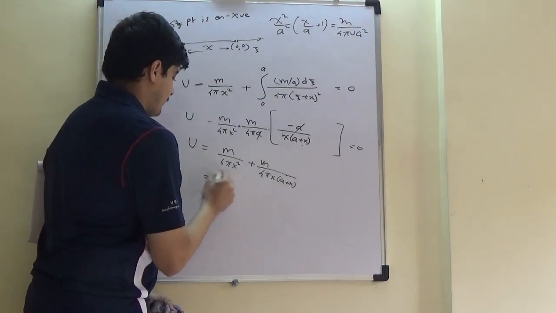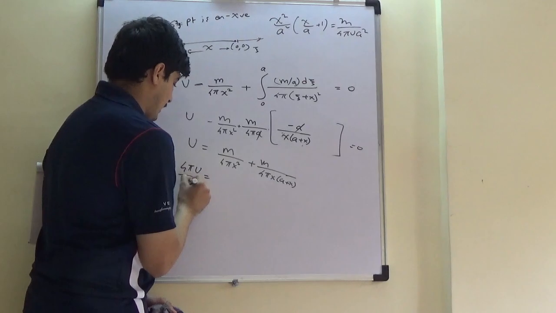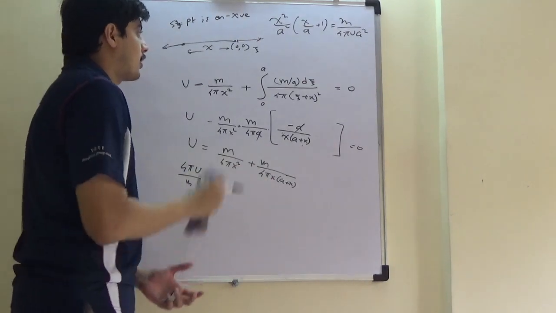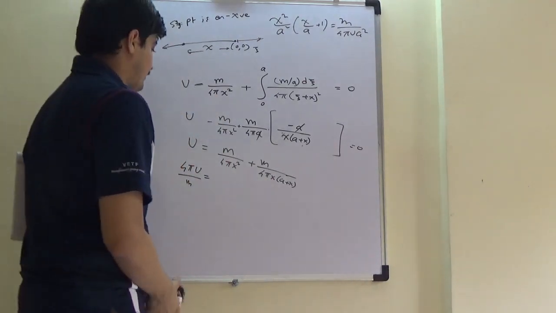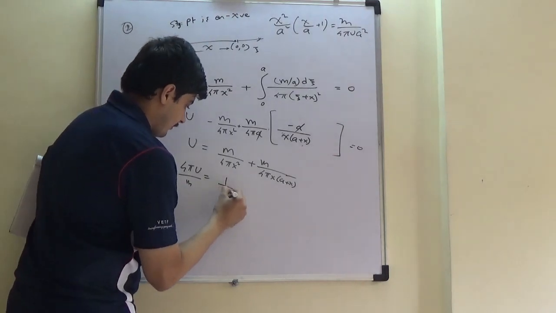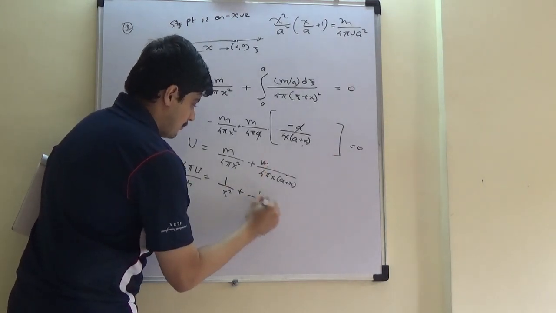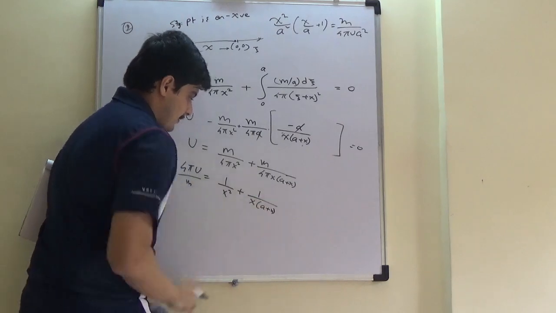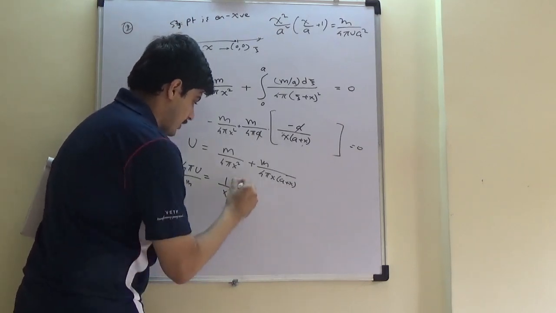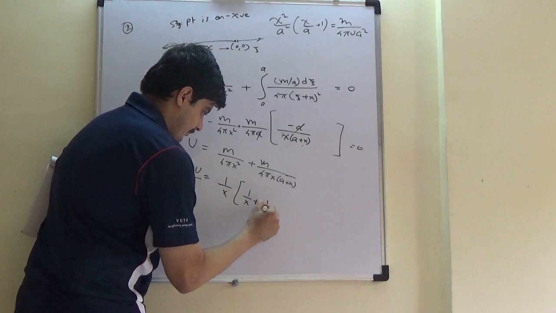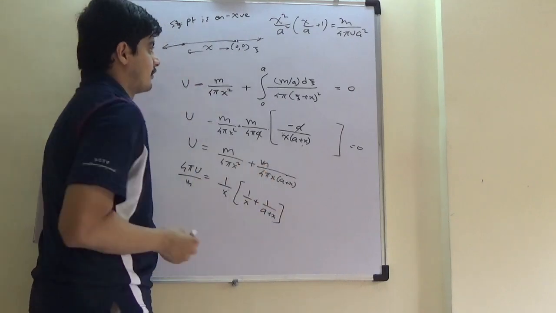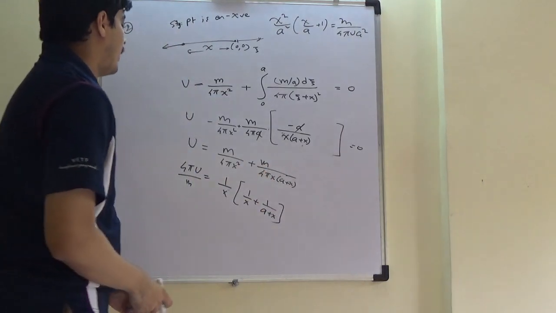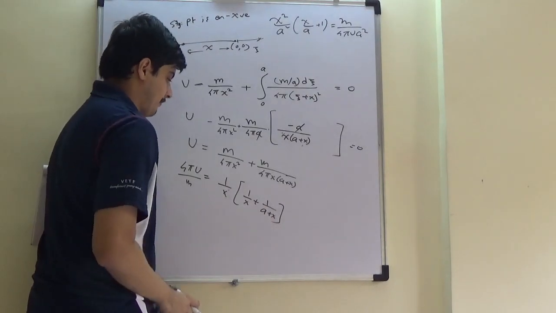M upon 4 pi. So 4 pi u upon m. I have taken out whatever common I could get. Plus 1 upon x, a plus x. Again, what is this? 1 upon x will come out. Correct? Now it is all about a trig game.